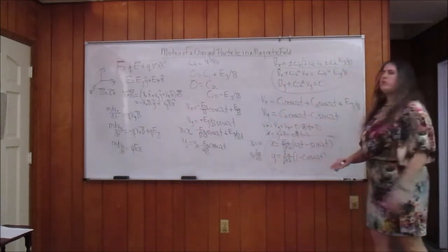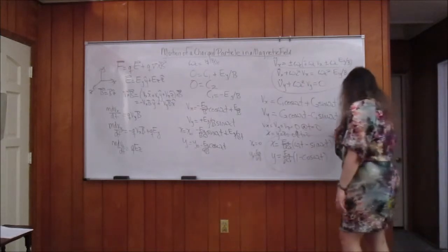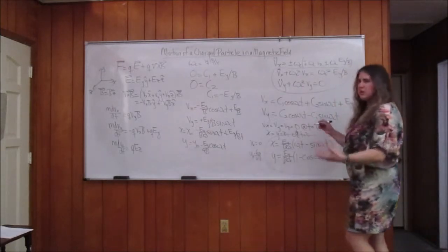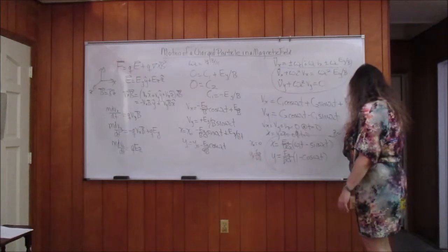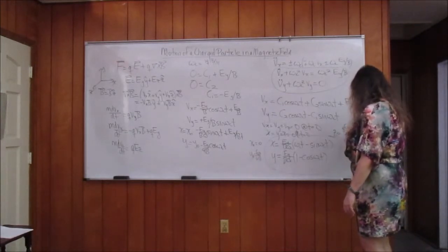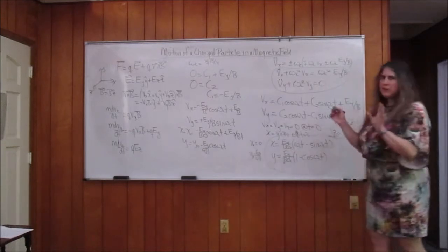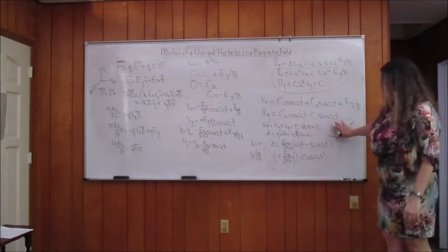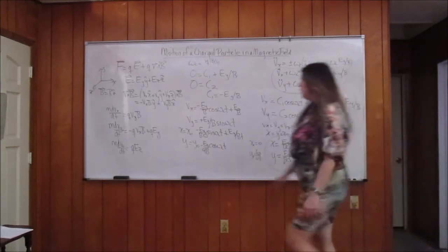And this is the equation of a cycloid. And we also said if there was a z component, you'd have this additional term as well. But I'm going to assume that Ez is equal to 0 for now. So we'll forget about this and just focus on these two equations.